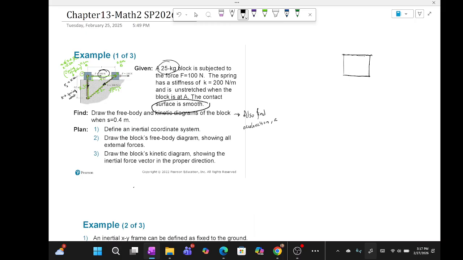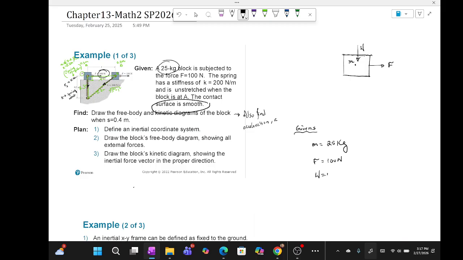Anyway, so we have this block here. This block does have a weight, mass m. So let's start with the givens, right? What are the givens here? This m is 25 kg, right? It does have an applied force F. So this F is 100 Newton. And it does have a weight, W, acting downward, right?